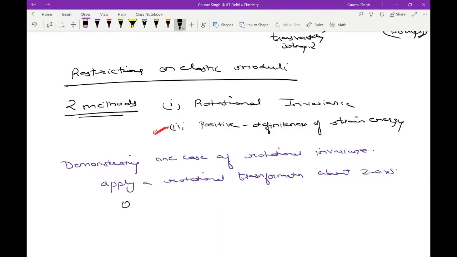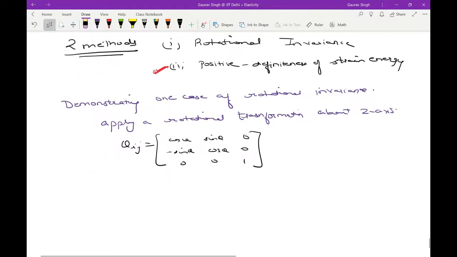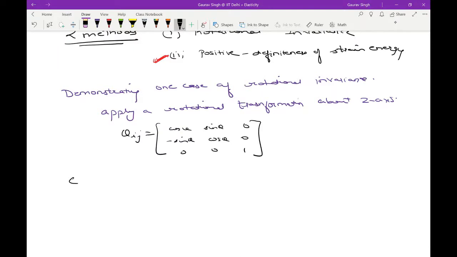That would mean you apply this Qij equal to cos theta, sine theta, 0; minus sine theta, cos theta, 0; 0, 0, 1. With this we can show that C44 dash in the transformed elasticity tensor is equal to C44 cos square theta minus 2 C45 sine theta cos theta plus C55 sine square theta.